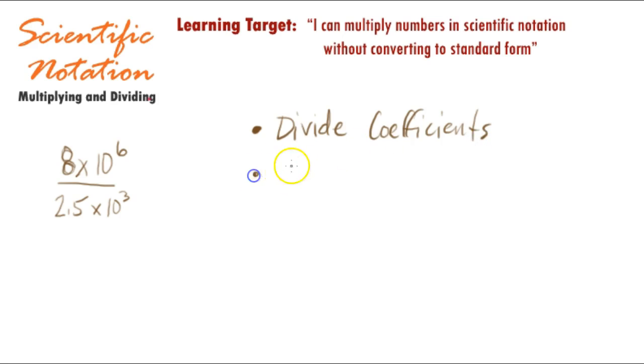And then for exponents, can you remember what you do? You subtract them. So subtract exponents. There was one thing we always said was keep the base, keep the base. That is still true too. The base in every single scientific notation problem is a 10. And we always keep the 10. So that part's the same too.